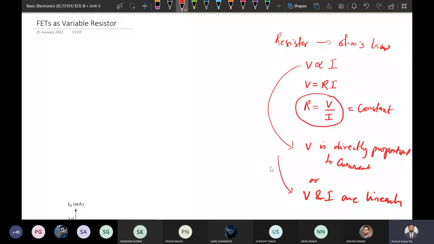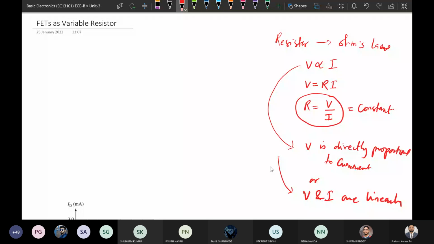Let us repeat, first we will see the JFET. We have already seen the characteristics of JFET, the output characteristic.